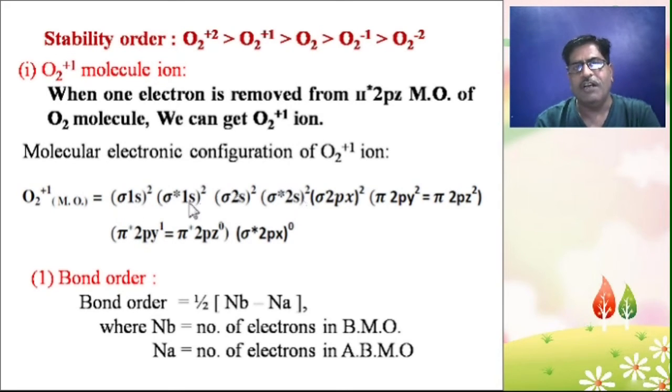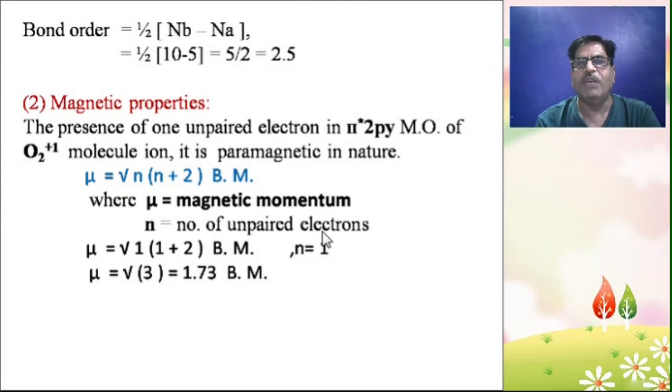So we can calculate here from BMO and ABMO also. So in O2 plus 1 the bond order is 2.5. And what is the magnetic property? The presence of one unpaired electron in the pi star 2py MO of O2 plus 1 molecule ion means it is paramagnetic in nature. If paramagnetic, let's calculate the mu.